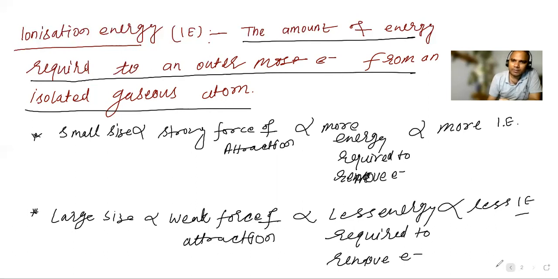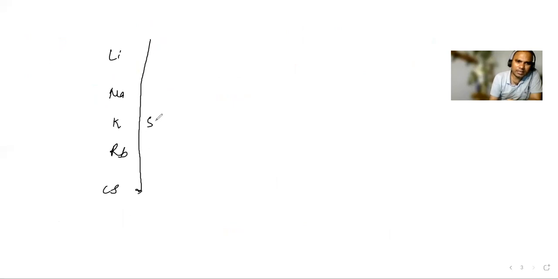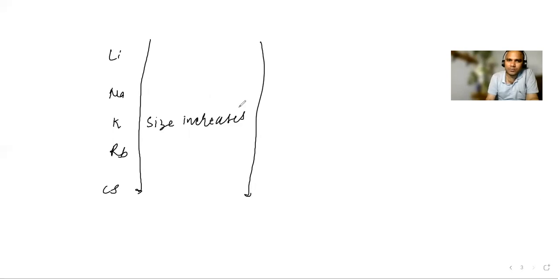If I ask you, top to bottom, lithium, sodium, potassium, rubidium, cesium, what is happening to the size? Size increases. So if the size increases, there is more distance, so the force decreases.